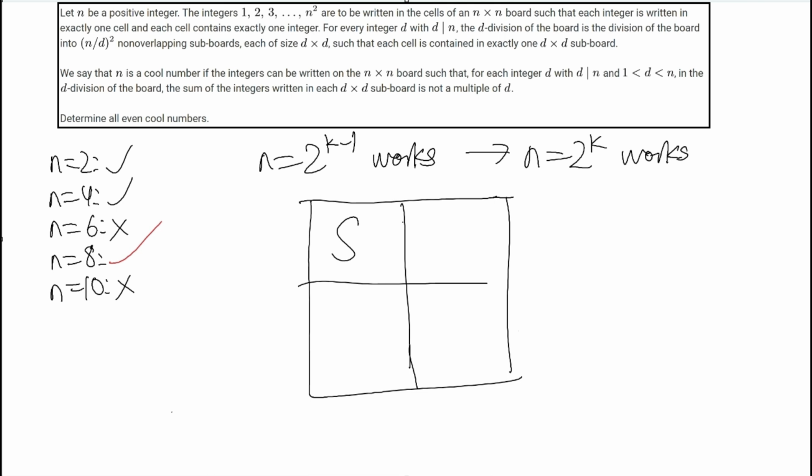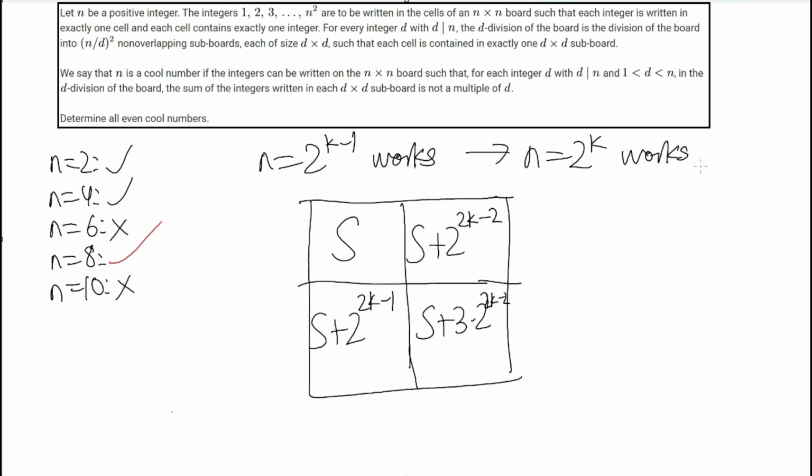Then we shift the numbers in S by, suppose, S plus 2 to the 2k minus 2, because that's how many numbers are here. Then we get S plus 2 to the 2k minus 1, and then S plus 3 times 2 to the 2k minus 2. And this covers all numbers in the 2 to the k times 2 to the k grid.